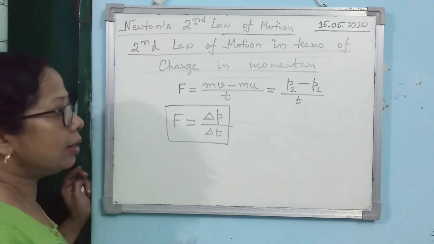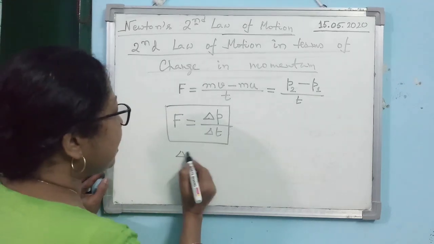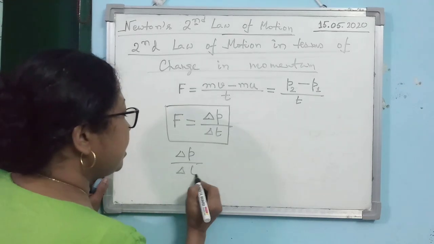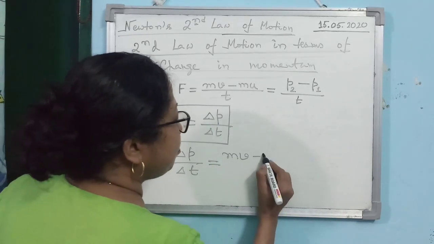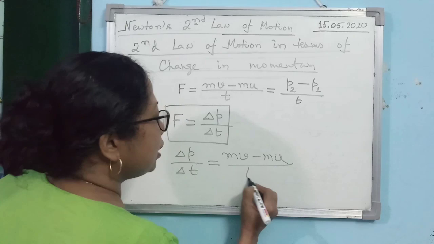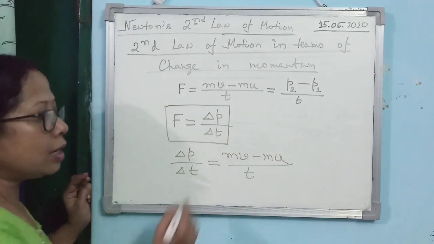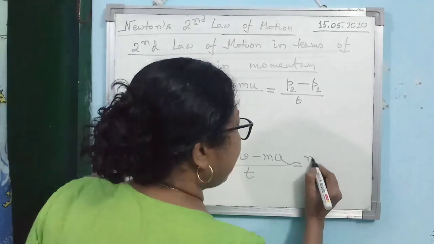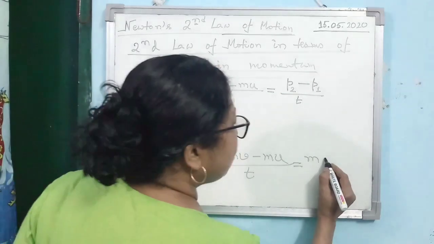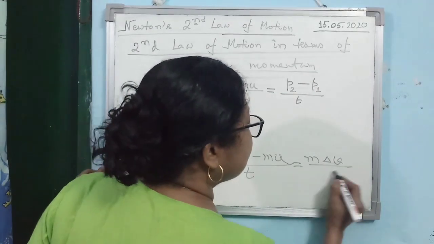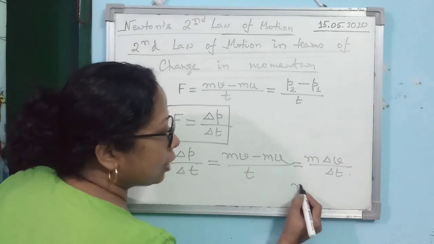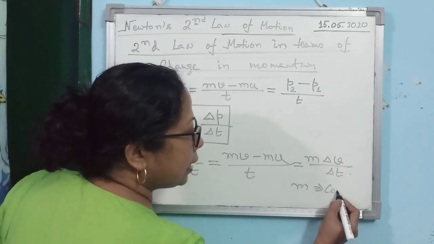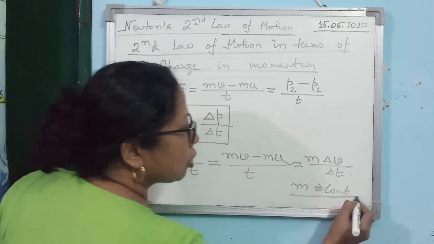Clear to everyone? Now, delta p by delta t, again you can write how? Delta p is equal to, you see, mv minus mu, divided by t. Clear? So you see, if you take m common, then it will become m into delta v by delta t. When you have taken mass common, then you are considering that mass is constant.